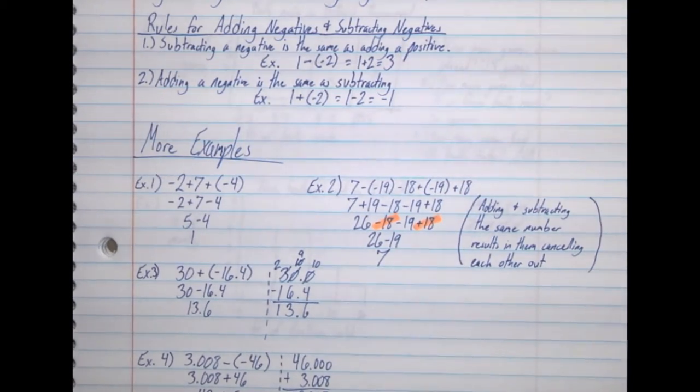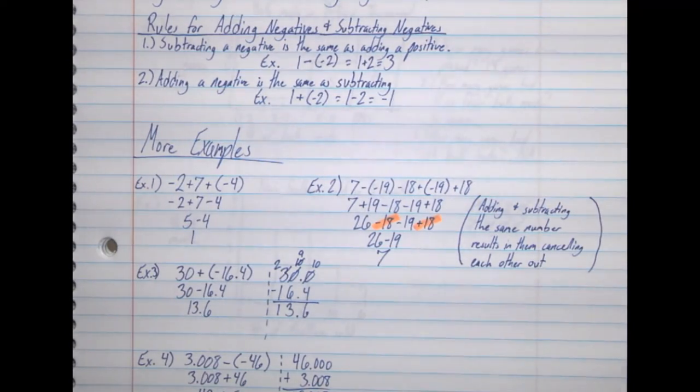All right, so combining positives and negatives. The rules for adding negatives and subtracting negatives are the most important part. We already know how to add and subtract positives. What we're not as familiar with is how to add and subtract negatives. So, subtracting a negative is the same as adding a positive. It's the exact same thing.